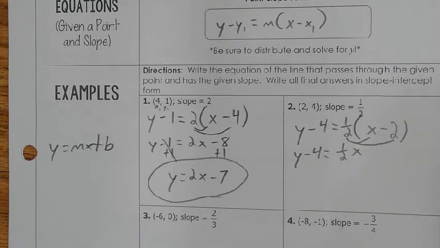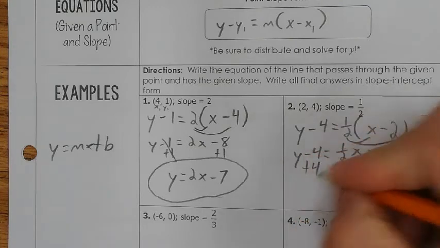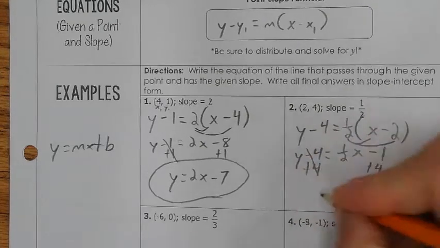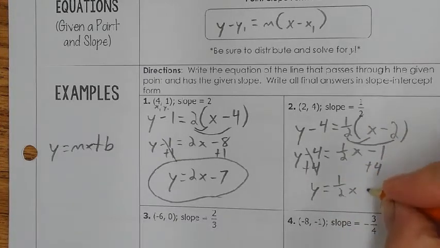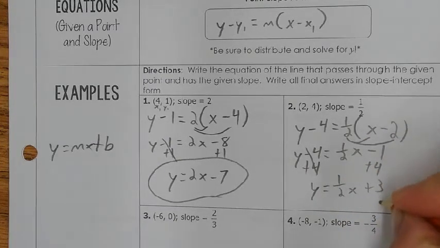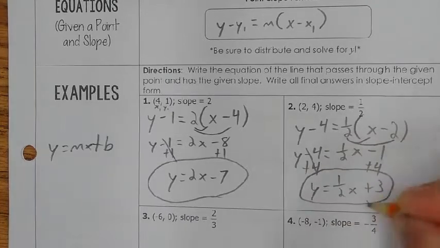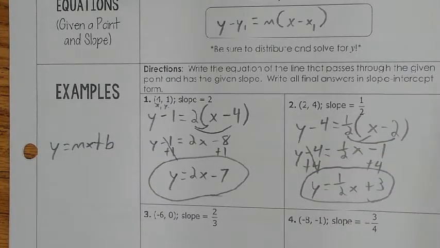Well, what's half of negative 2? Negative 1. And what do I do now? Plus 4. So that'd be 1 half x, negative 1 plus 4 is 3. And you're done. Easy squeezy, right? I don't really know what that means, but.